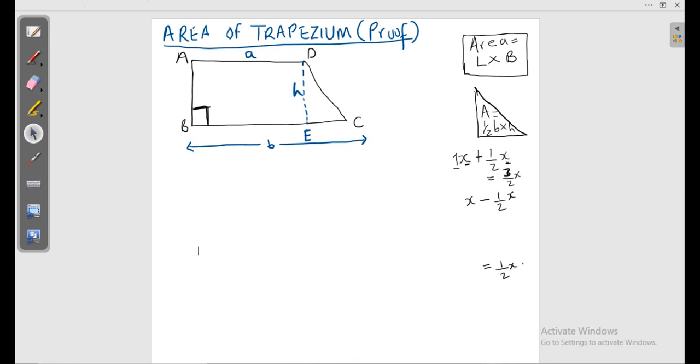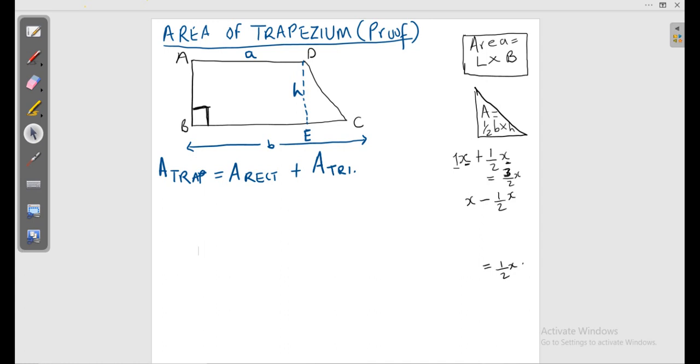Now, for me to determine the area of this, I am going to say that the area of a trapezium will be the area of a rectangle plus the area of a triangle.